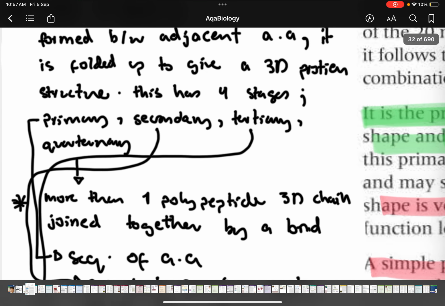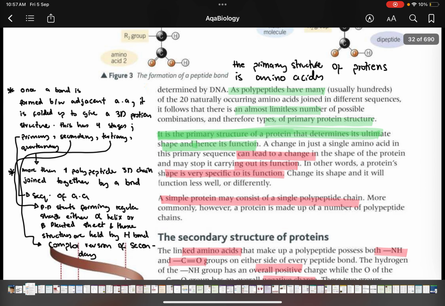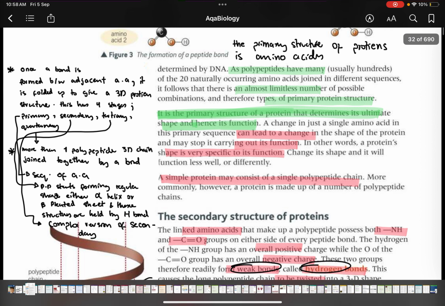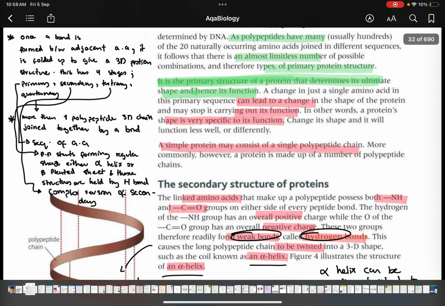This might seem a bit overwhelming, but once you've had your bond formed between 2 amino acids that are next to each other, now it should be amino acid chain, or your polypeptide chain might fold up to give a 3D protein structure, and that's how a protein is actually formed. So the primary structure determines its ultimate shape and hence its function. The way that the sequence is can really impact the function of the protein significantly.